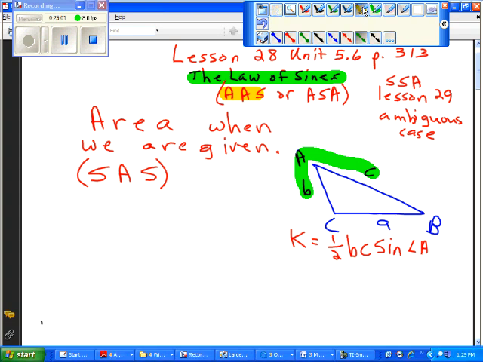Because look what happens. What if what you were given was these three? It's still side angle side, but what's it going to look like?